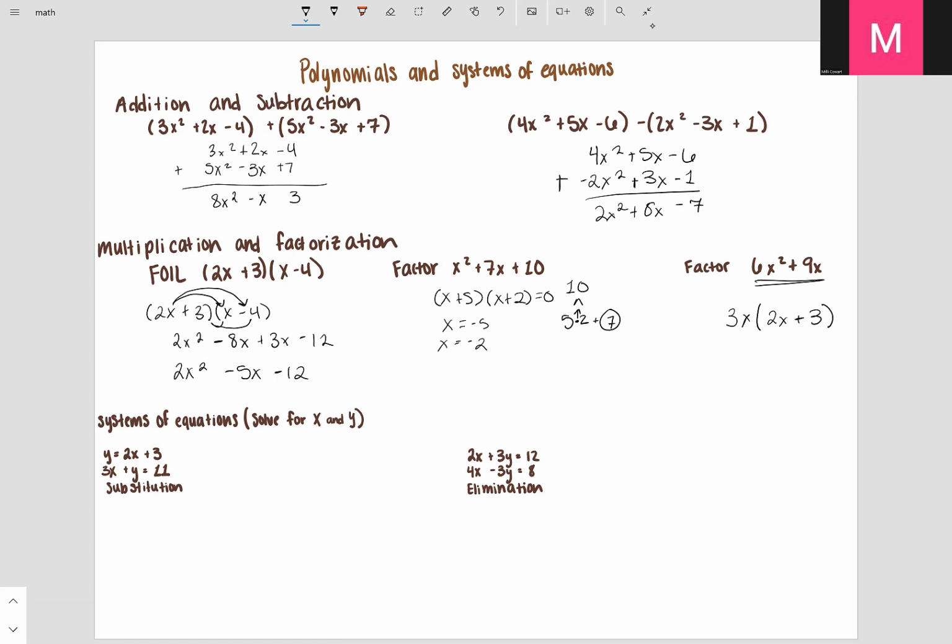Now, if we want to solve some systems of equations, that means we're solving for x and y. And there's two ways to do that: substitution and elimination. So for substitution, you'll solve for one variable and plug it into the other equation.